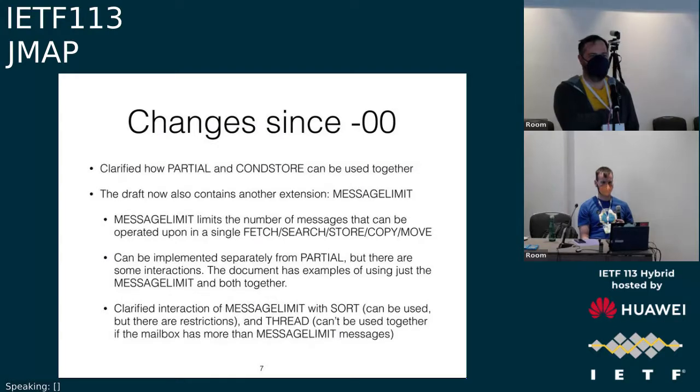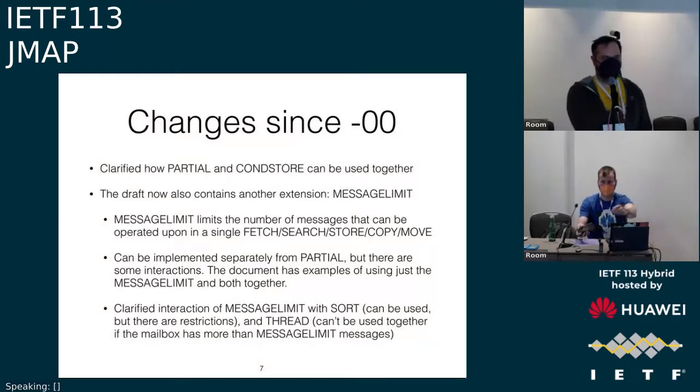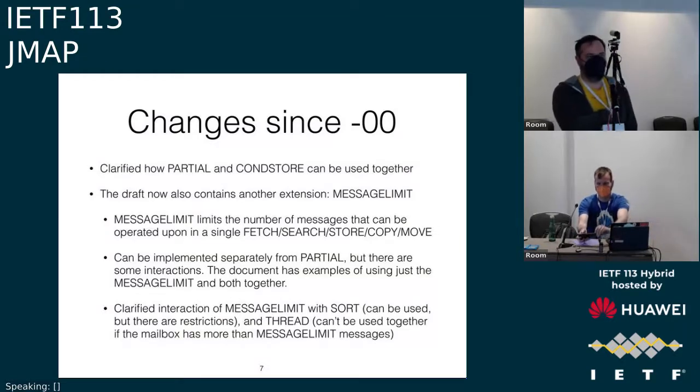So the other extension is message limit, where the server basically insists that you cannot request any operation on more than so many messages. I mean, obviously, if the limit is 10 messages, it's not going to be very useful, but this is supposed to be like 10,000 or 100,000 messages or whatever.